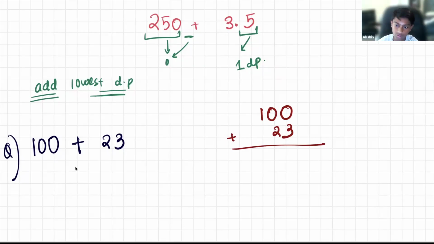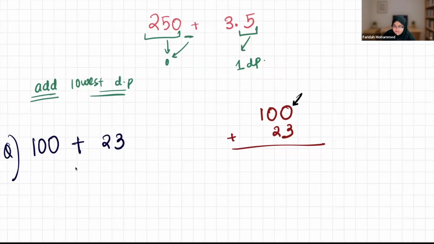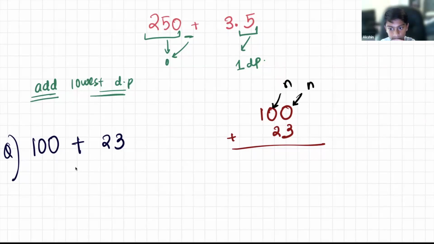Since the zeros are behind, they are not significant. Okay, so is this significant? No. Good. Not significant. And I'm going to write n as not significant. What about this? No. Okay, what about the 1?